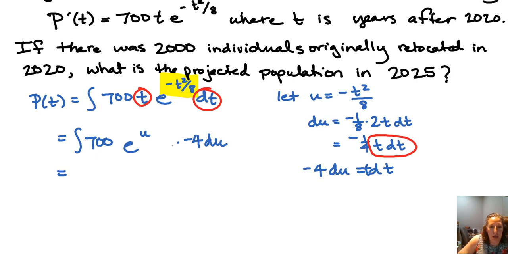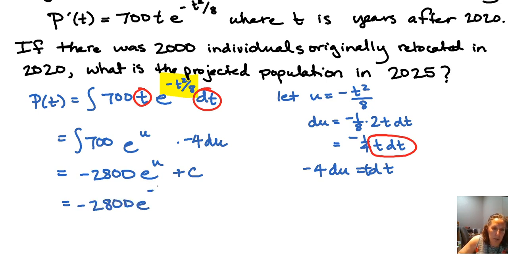So if we combine those constants, 700 times negative 4 is negative 2800, and the integral of e to the u is e to the u plus c. All right, let's go ahead and plug back in terms of our variable t. So our exponent is negative t squared over 8 plus c. So that is our population, or at least the form of our population function.